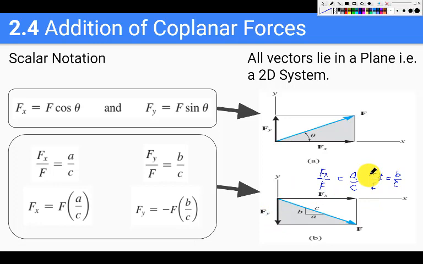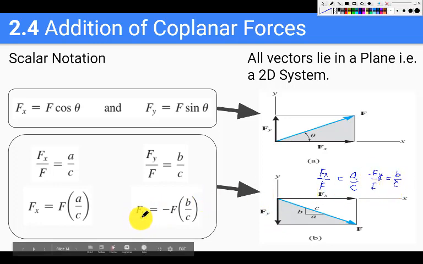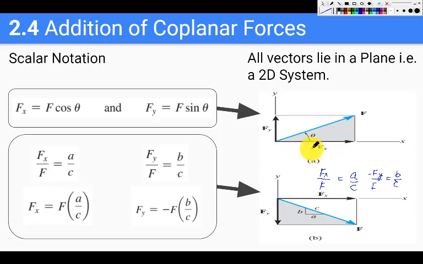So minus fy over f should be equal to this, which gives us that fy is equal to minus f times B over C. We put the negative and positive sign depending on which quadrant we are dealing with. I hope this part is clear.